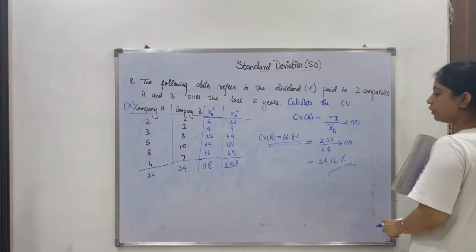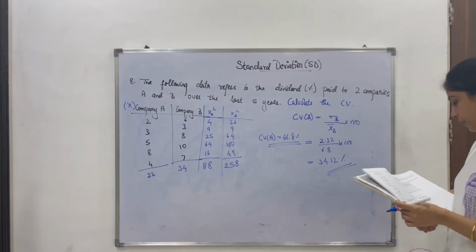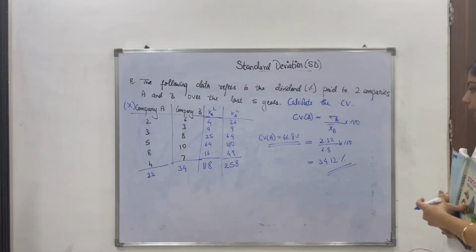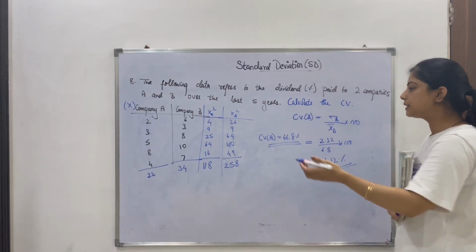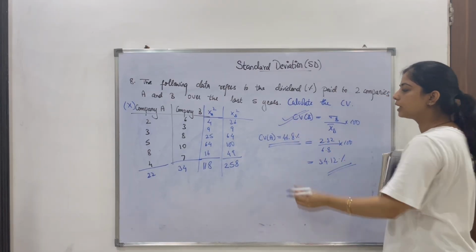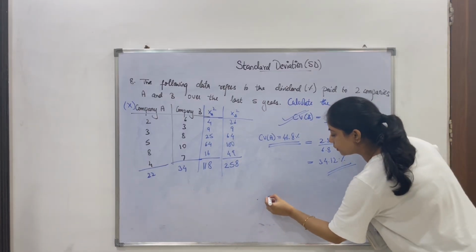And this is the CV of B, 34.12, right? So here we can see that CV of B is less compared to CV of A. So that means company B is more consistent. This will be the conclusion.